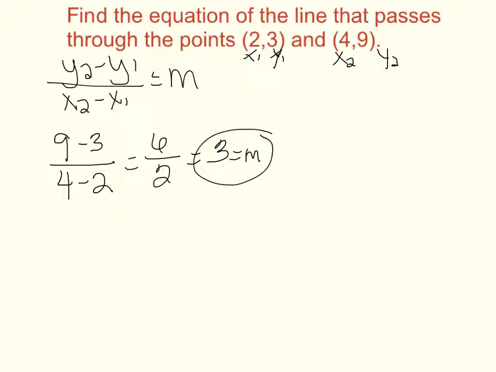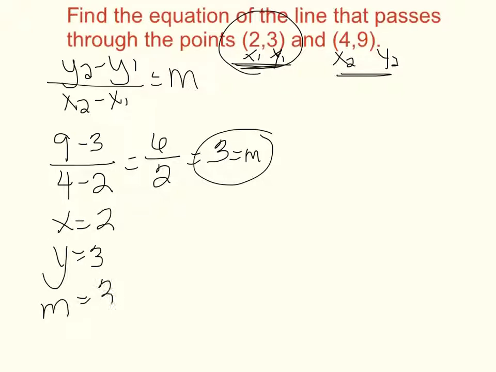I'm still looking for my b. I don't know what my b is. So I can pick either point, either that point or that point. It doesn't matter. Like I said, I always go for my first one just because it's the first one I come to. So my x is 2, my y is 3, and my m is 3. We substitute it into slope-intercept form.